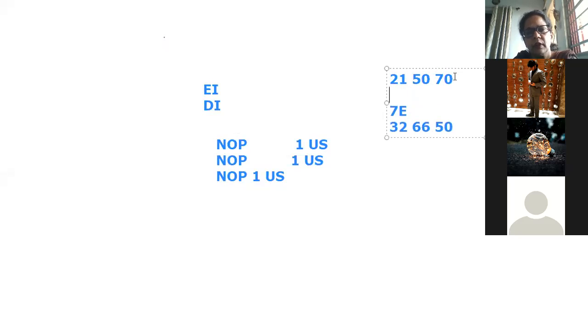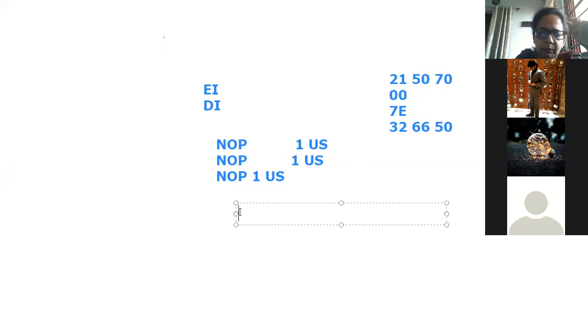Instead of this I just missed one memory location and wrote 7E here. So I can write no operation here. So that is another use of the no operation instruction, but mainly it is used to introduce the delay. And the last instruction is the halt instruction, which is the last instruction of your program.